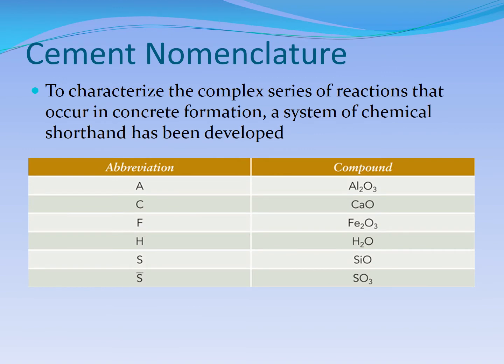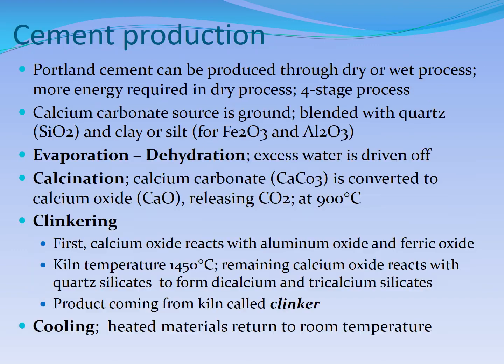Cement nomenclature, because a lot of chemistry is there: alumina, calcium oxide, iron oxide. So A, C, F, these are the names of the compounds, and in any one of them these different compounds are there. Cement production: there is evaporation and dehydration, there is calcination, there is clinkering, and there is cooling, right?